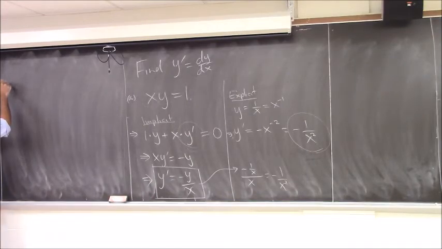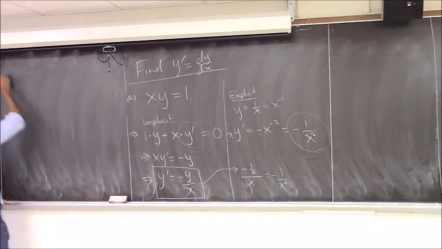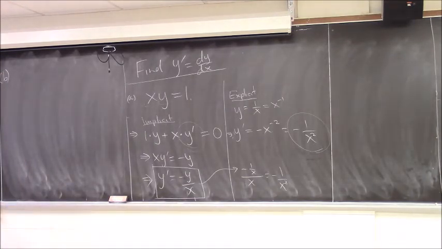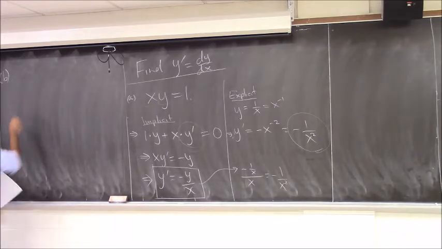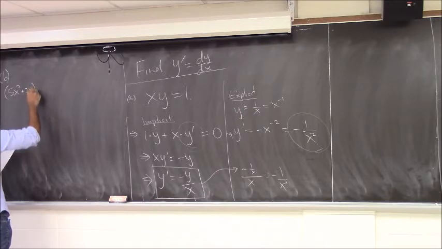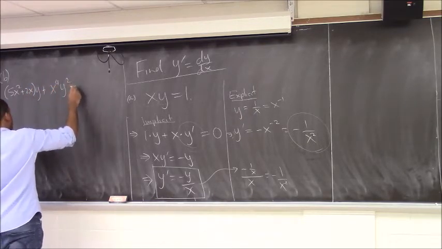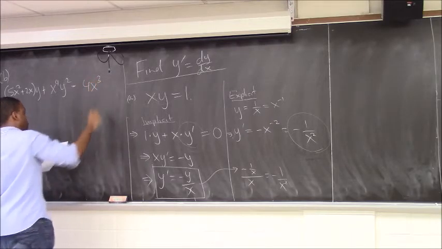What if I ask you to find y prime, the same problem here? But what if I asked you about 5x squared plus 2x times y plus x to the 4th y squared equals 4x cubed?